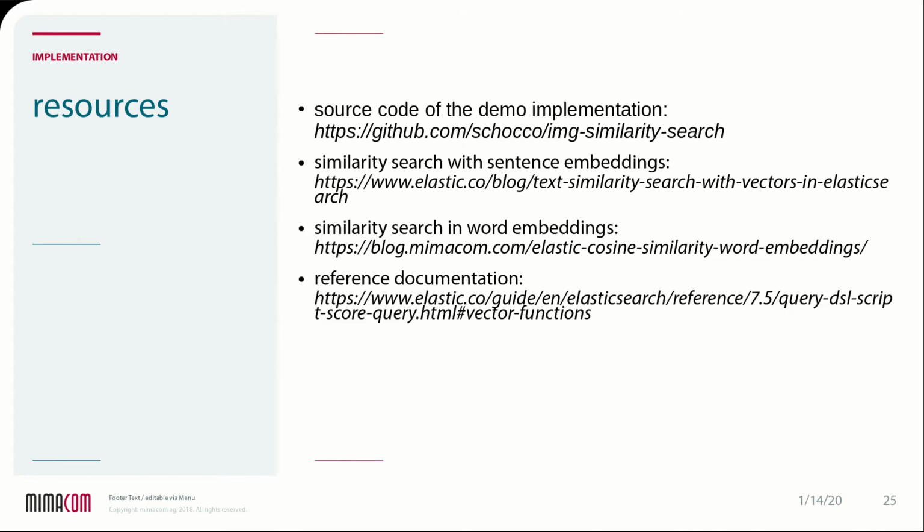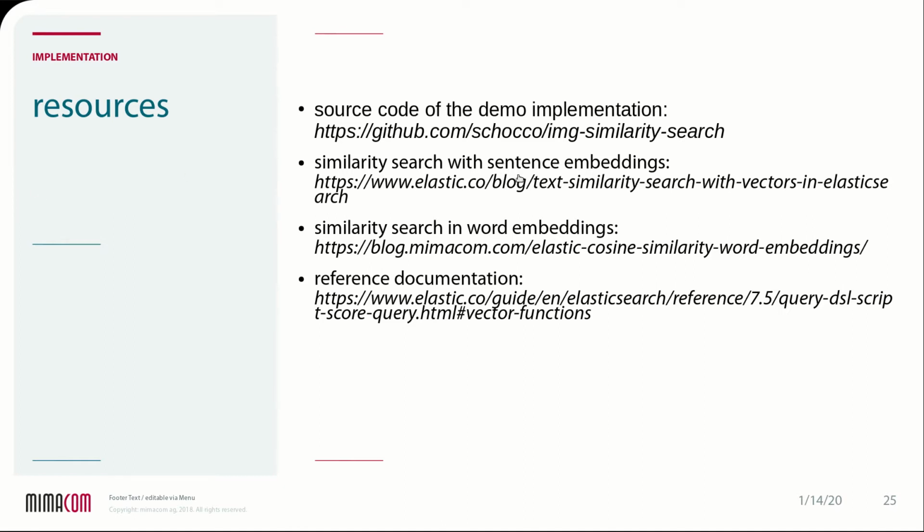The source code for the project is online on GitHub. There's a repository, image similarity search. We will probably share all these resources and the slides after the meetup, so you can check that out afterwards yourself.